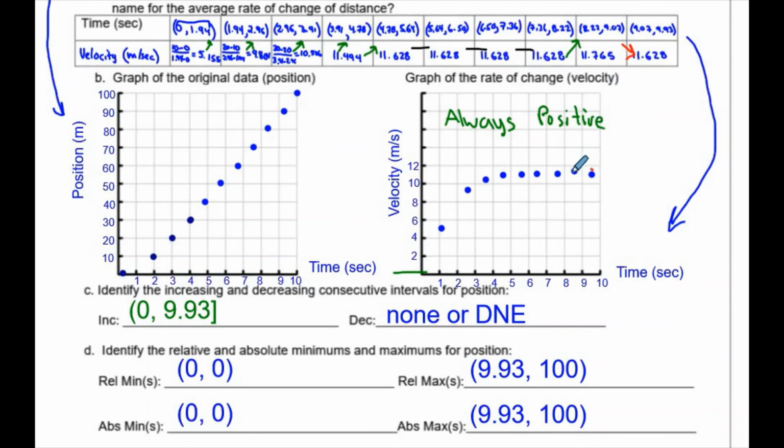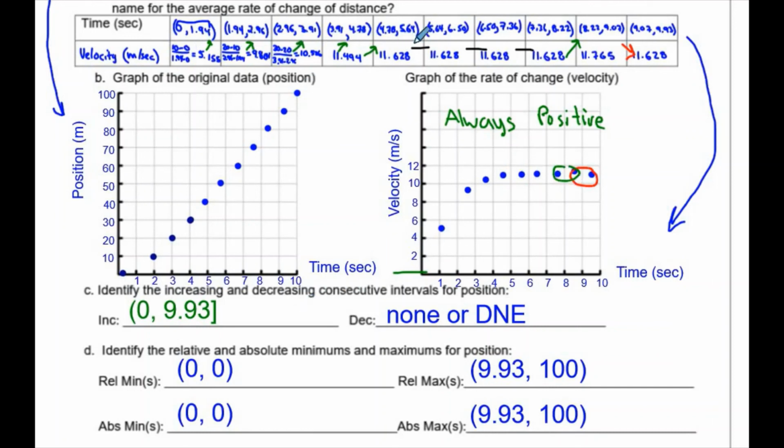And you can even see the flatness in these values here. So that's why this rate of change chart is so important to look at with this graph. You can see that his velocity is going up here, creating acceleration, then he's flat, and then he goes up a little more.